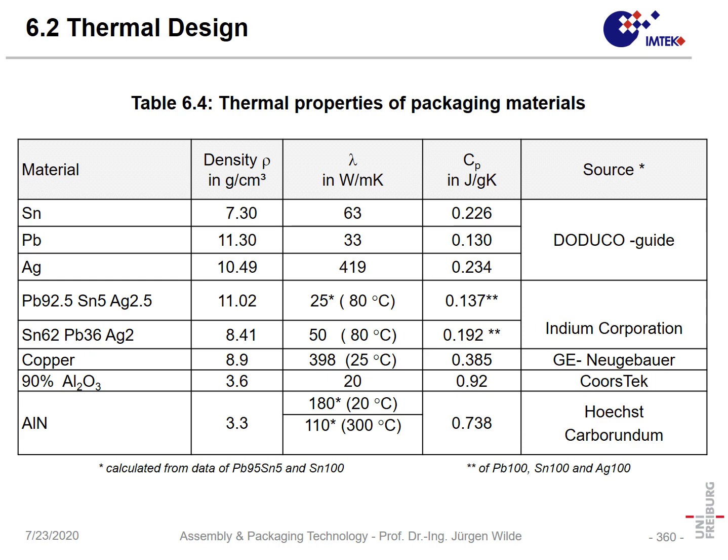Aluminum oxide, for instance, can be taken as 20. Aluminum nitride is temperature dependent, so it is somewhere in the range between 110 and 180 watt per meter Kelvin, and in between 20 and 300.